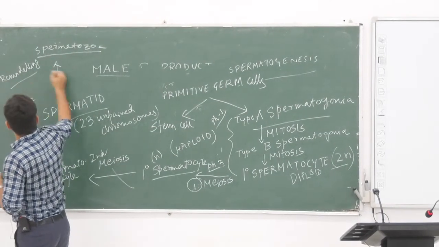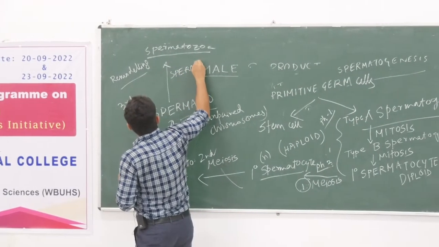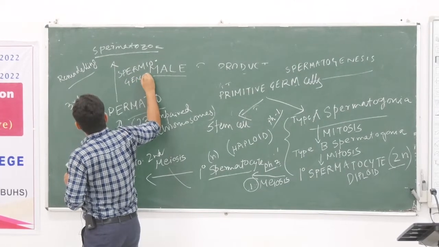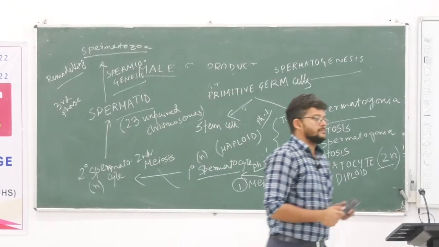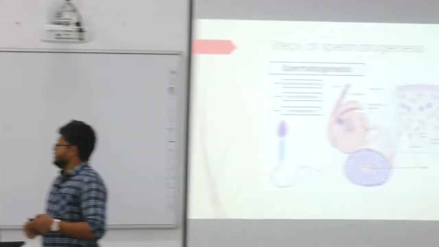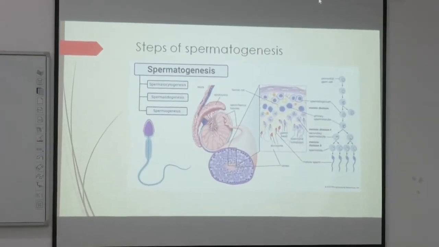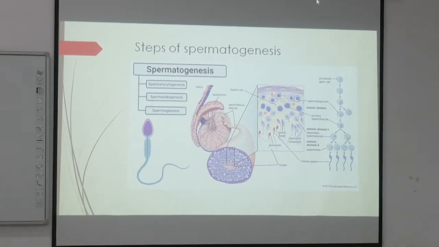This process is known as spermiogenesis. So it is a total process. It starts with a 46 chromosome cell. Ultimately we have a 23 chromosome cell.